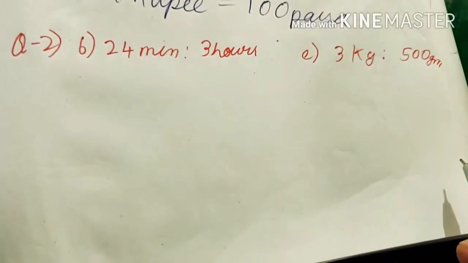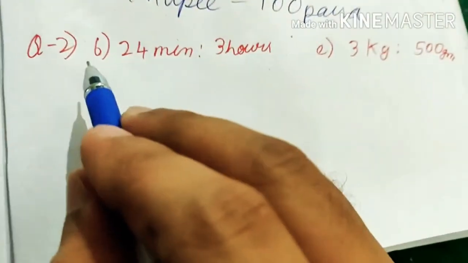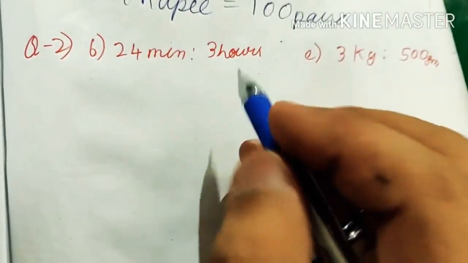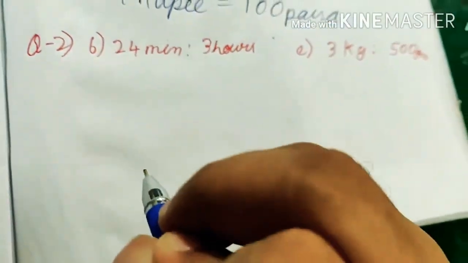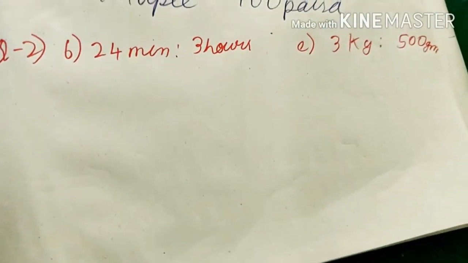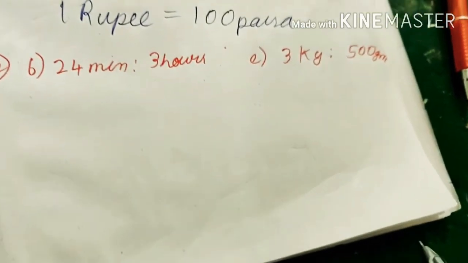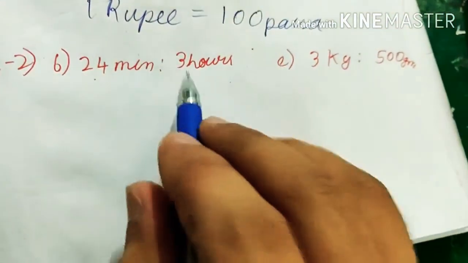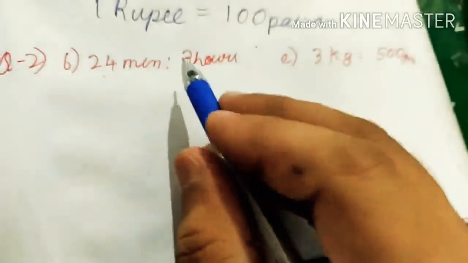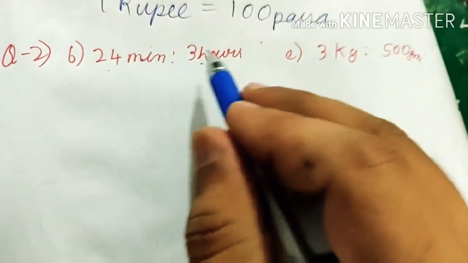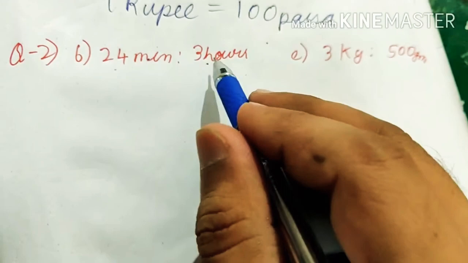So here is a question based on these conversions. We have to convert these into ratios. Look, we can only compare similar quantities with the same units in a ratio. So we can compare time with time, but with the same unit. Here the units are hour and minute. You can convert hour into minute.